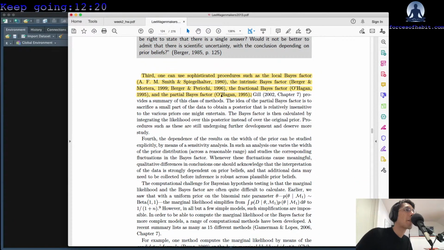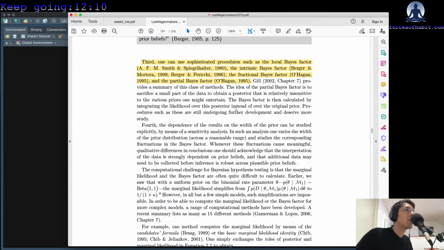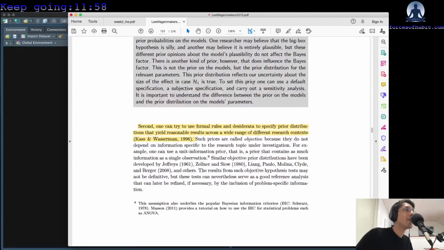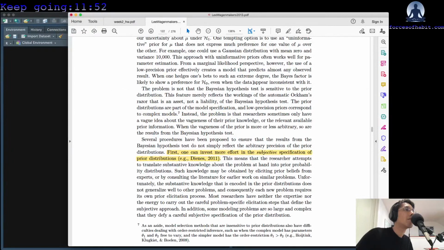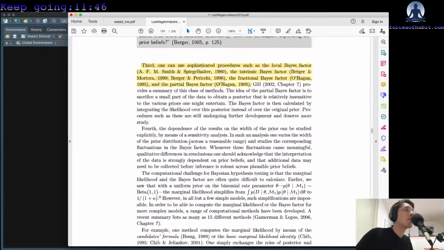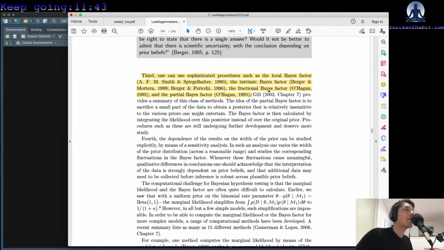So there's a set of procedures that are essentially ways that we can try to generalize or help Bayesian hypothesis testing not reflect arbitrary precision of the priors, is some kind of accounting for that, using a portion of the Bayes factor.